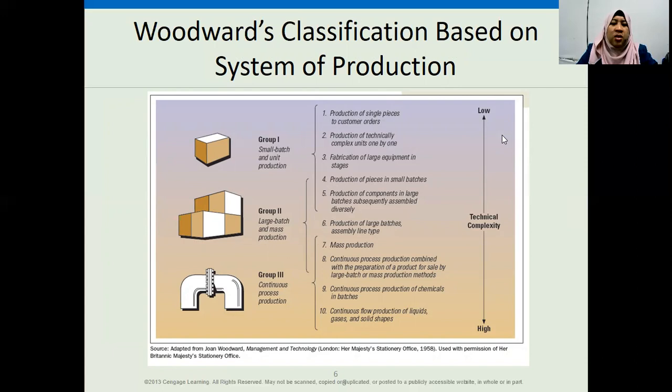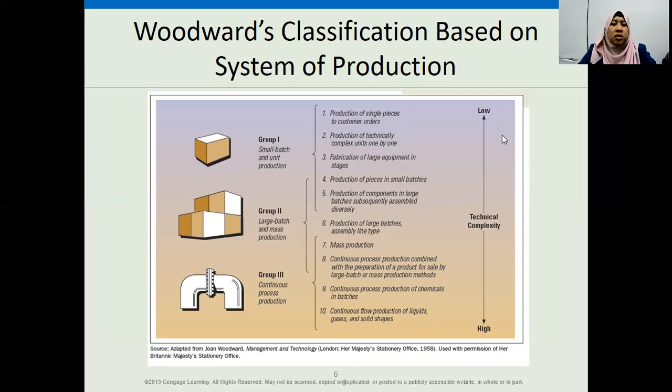You can see from here, number 1 until 5: the production of single pieces to customer orders, the production of technically complex units one by one, fabrication of large equipment in stages, the production of pieces in small batches, and number 5, production of components in large batches subsequently assembled diversely. Also number 6, production of large batches, assembly line type. So small batch and unit production is segregated. And if you realize from here, the technical complexity is very low compared to number 2.